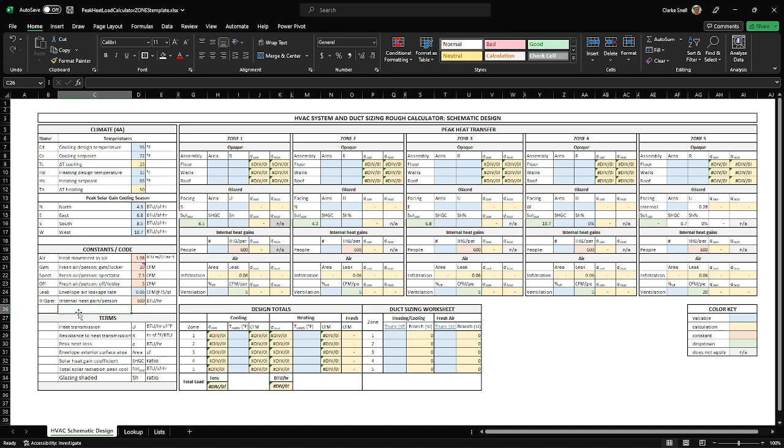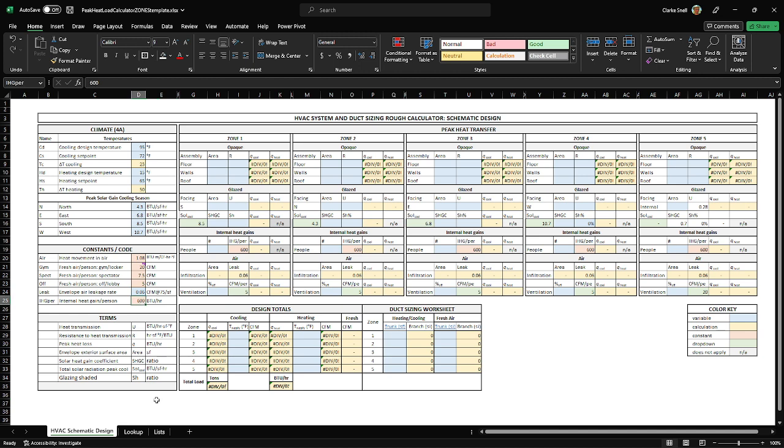Then these are all from ANSI 62.1, which is the standard for ventilation, and they're just the fresh air per person in the different zones you might use. Then the leakage rate, which we just talked about, is CFM at a certain pressure per square foot of envelope, and we're going to use that in equations also.